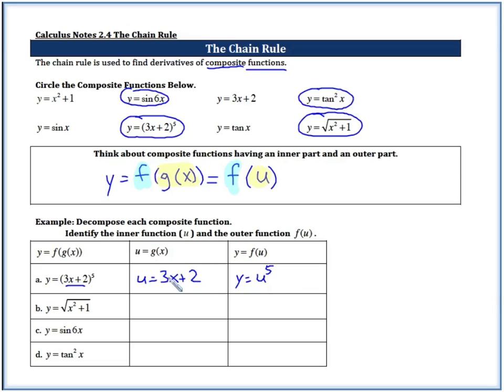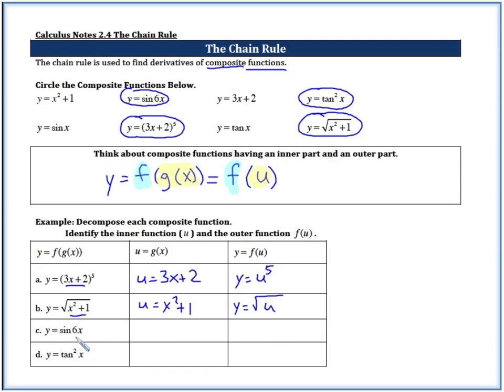Okay, kind of see what we're doing there? We're identifying the inner part and then what function is applying to that inner part. So here the inner part is the x squared plus 1. So u equals x squared plus 1. And the outer part is going to be the square root. So we're going to write y equals the square root of u.